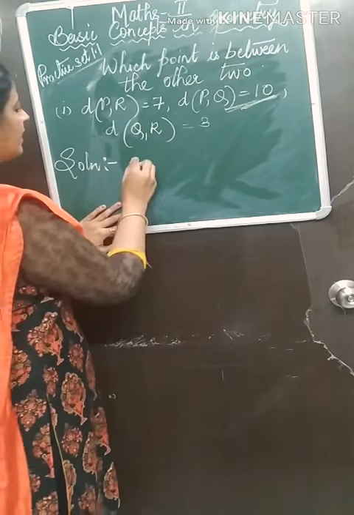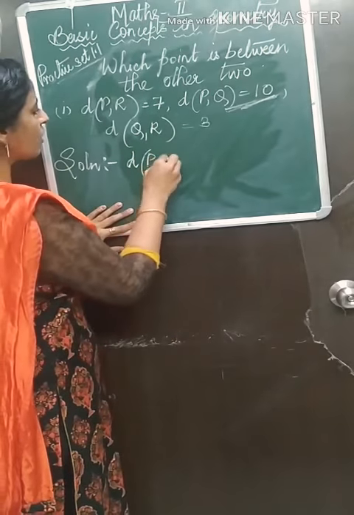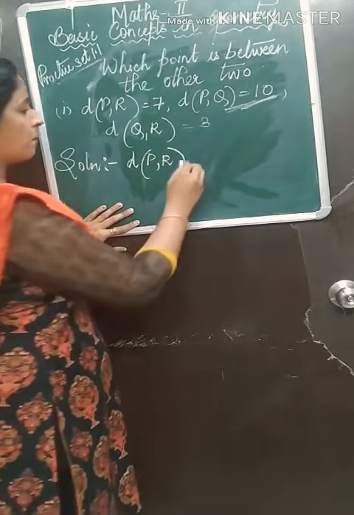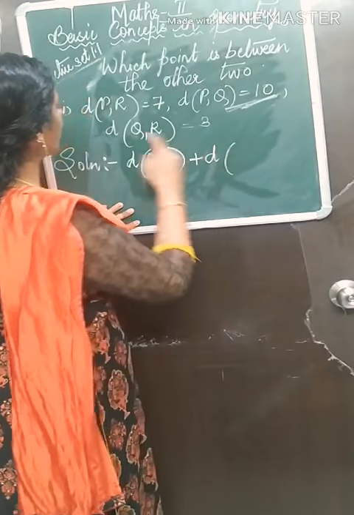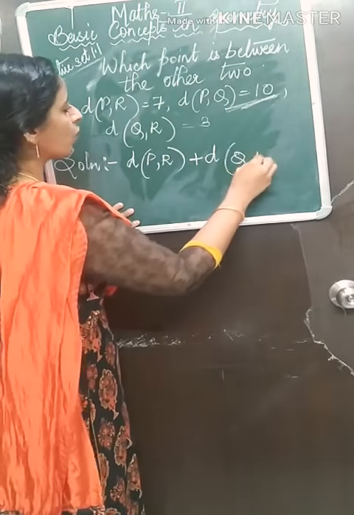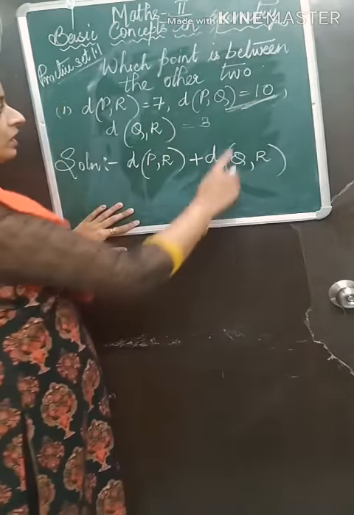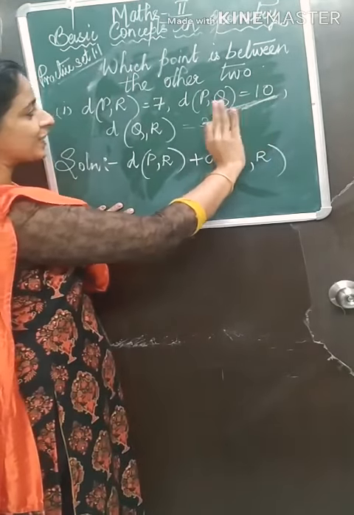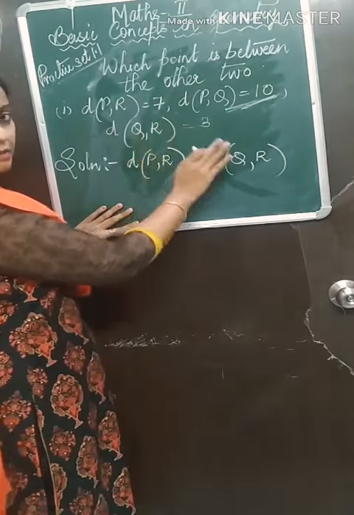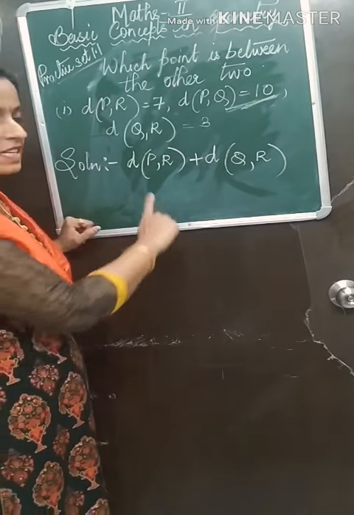Let us add the distance between P comma R plus the distance between Q comma R. What did I do? The bigger distance I did not touch, whereas the remaining two smaller distances I am adding.